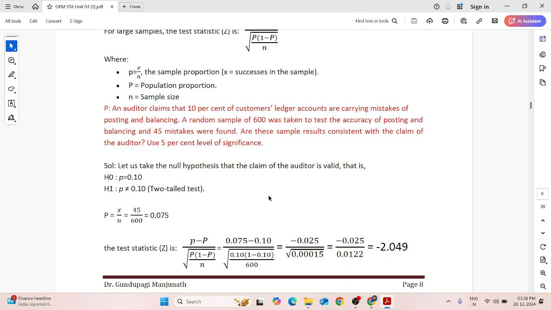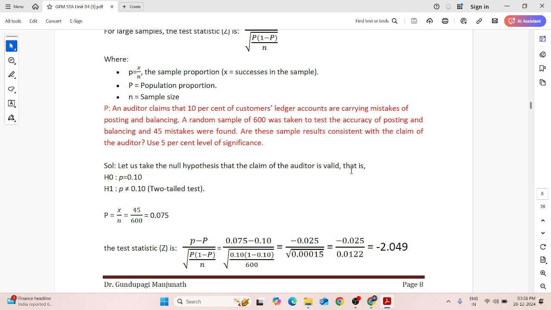So here we look at a particular example. An auditor claims that 10% of customer ledger accounts are carrying mistakes of posting and balancing. So what is the claim? The null hypothesis states that the claim of the auditor is valid, that means there is no difference.